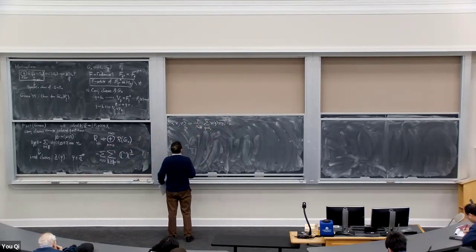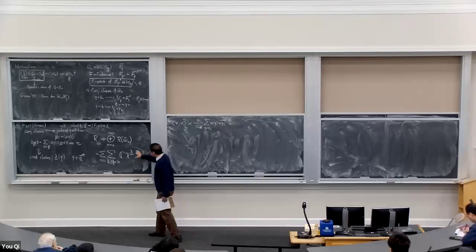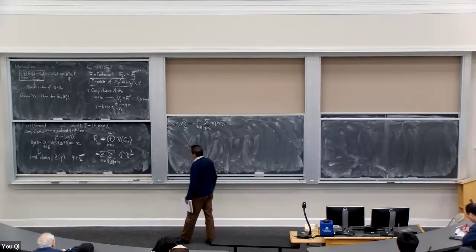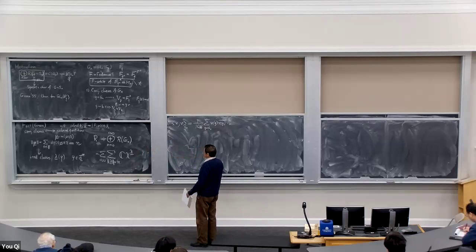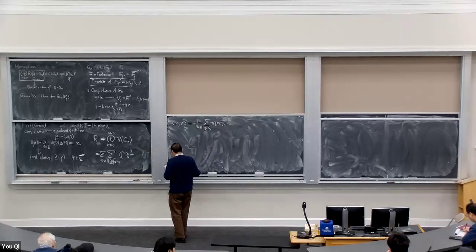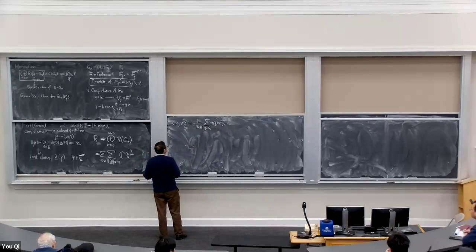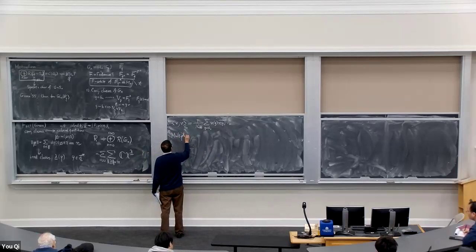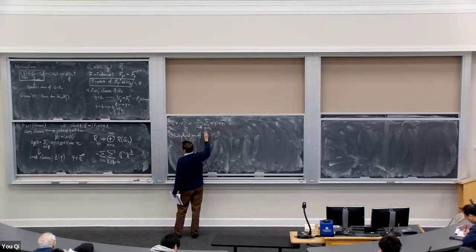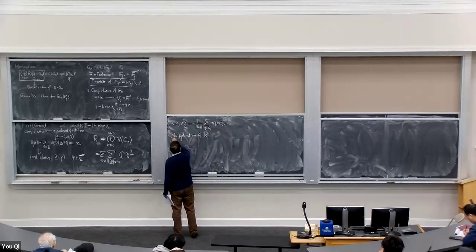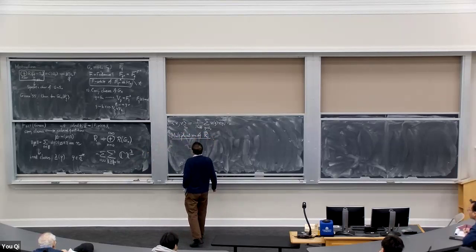So now, besides these irreducible characters, I can also consider some very special characters. We can also talk about some multiplication. So how do we do the multiplication?